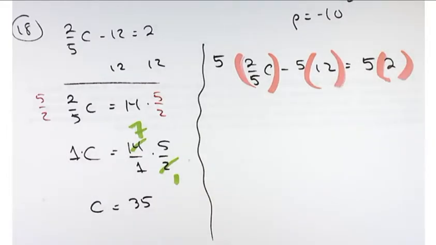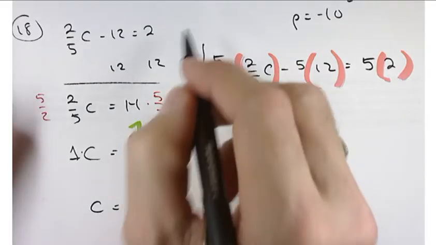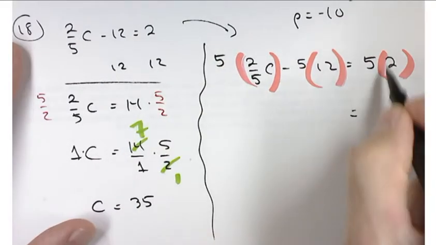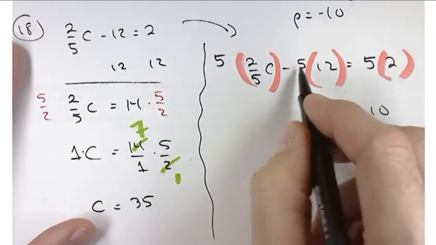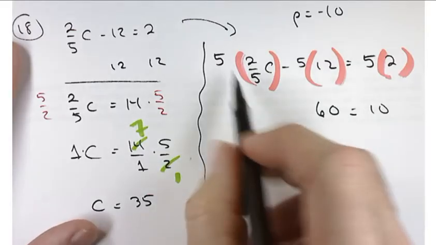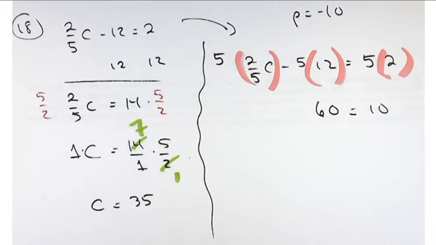The bottom line is that each one of these terms gets multiplied by 5. Now I'm not going to write 5 over 1 and 2 over 1. 5 times 2 is just 10. 5 times 12 is 60. But here's where we can make a little headway. What happens when I multiply 5 times 2/5?